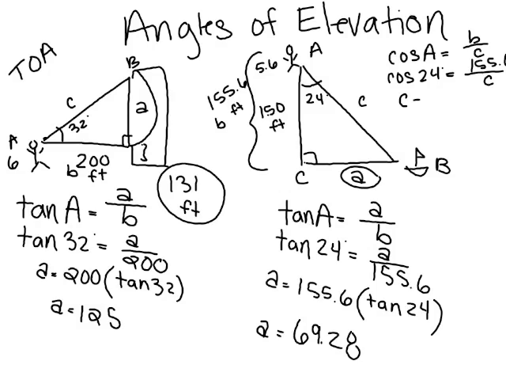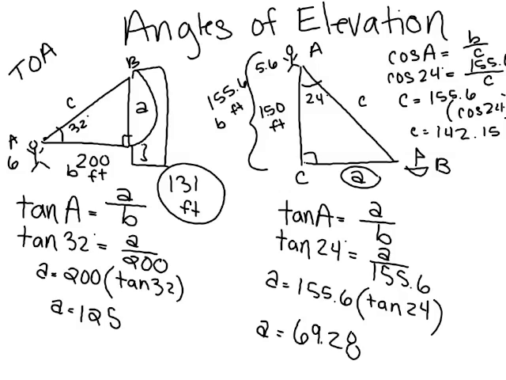And the hypotenuse equal to 155.6 times cosine of 24 degrees. 24 cosine times 155.6 equals 142.15. That's the distance from the hiker to the boat.